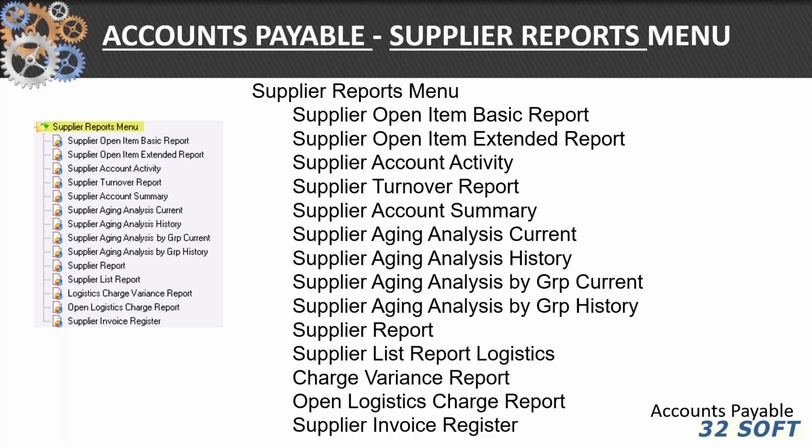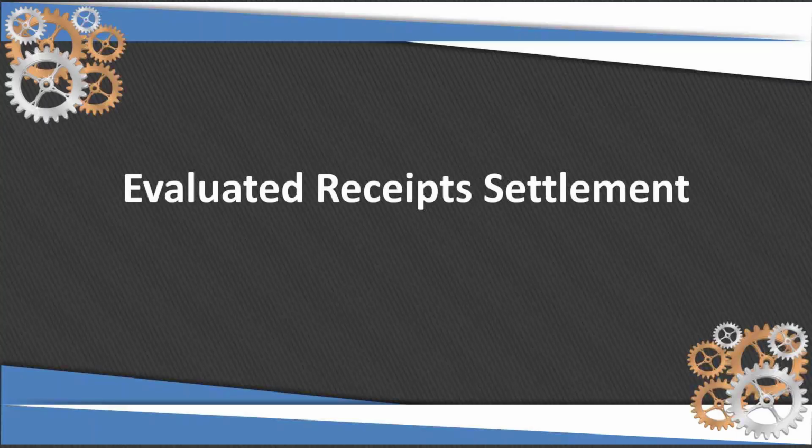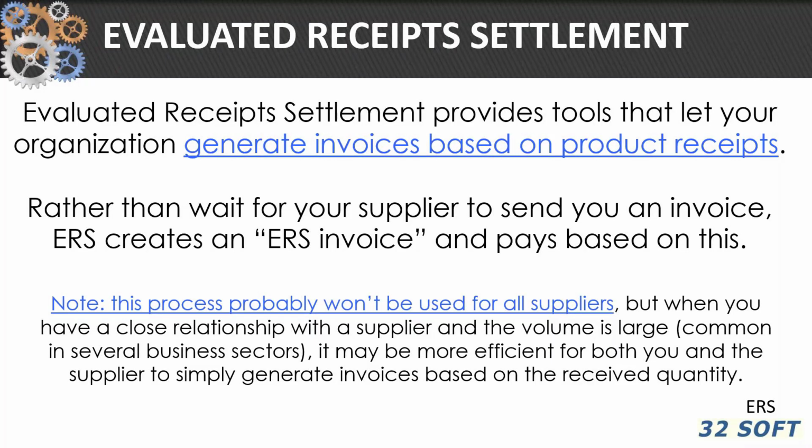You need a pretty up to snuff accounts payable clerk and a receiving clerk, because this can get fairly complex. Evaluated receipt settlement is kind of a way around that whole accounts payable process.